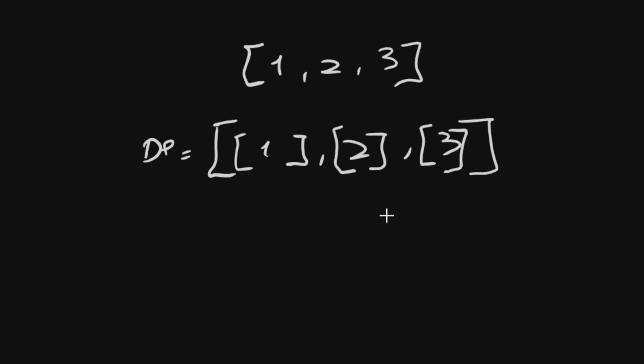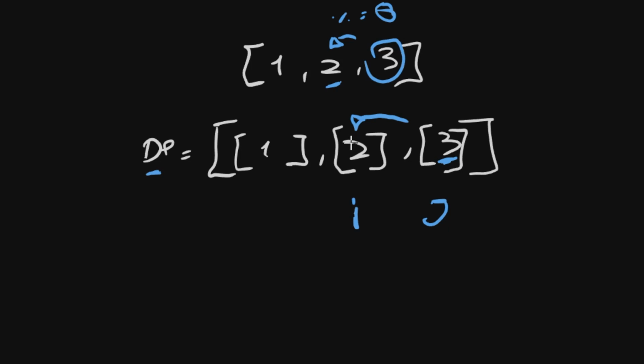Let's say our i pointer is here and our j pointer is over here. Initially we want to say if nums at index j, 3, modded by nums at index i, in this case 2, equals 0, in that case we want to take all the values at index j and add them to our array at index i in our DP.